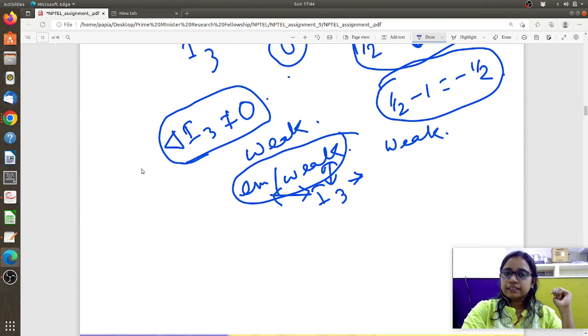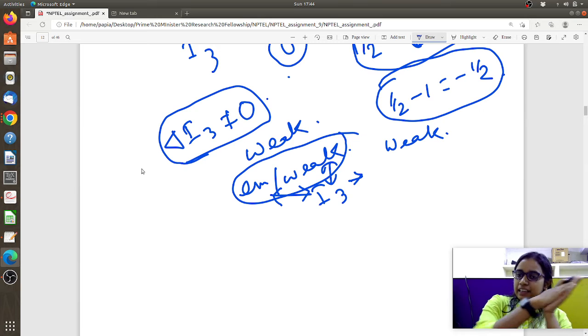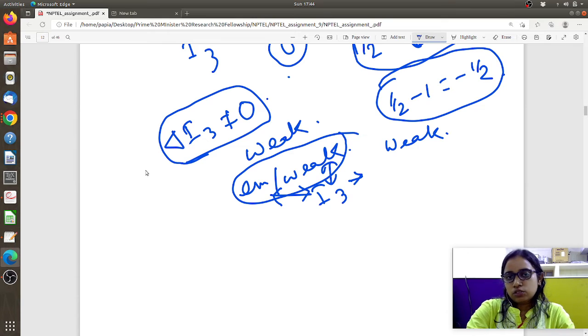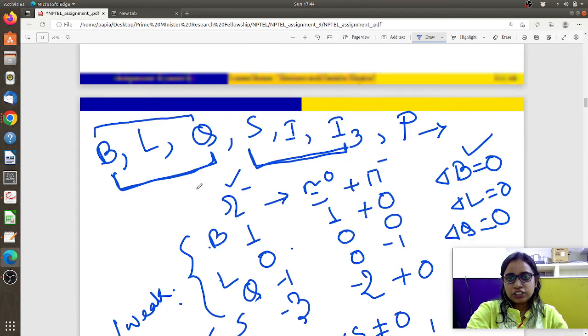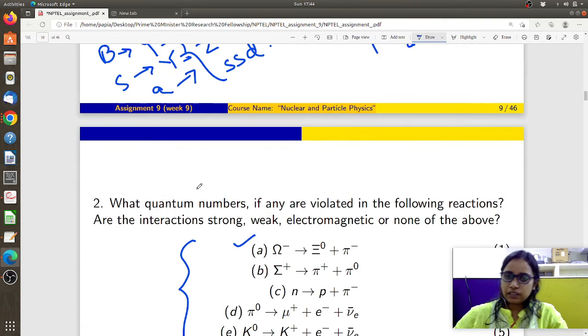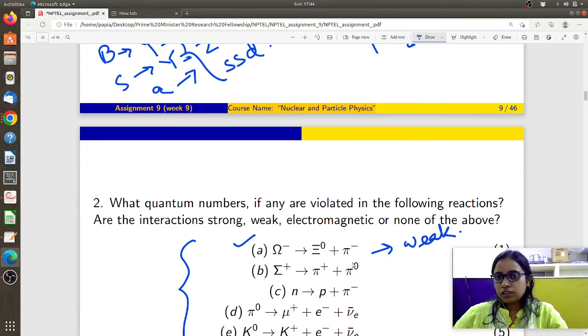That is a very interesting thing. If we do it step by step, then we can see what type of nature it is. So at the very first question, if I mention here, this will be a weak interaction. Now coming to this part.